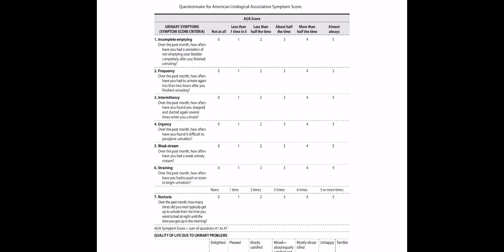This is the American Urological Association symptom score, the AUA symptom score for prostatic hyperplasia. There are multiple symptoms examined with history taking.